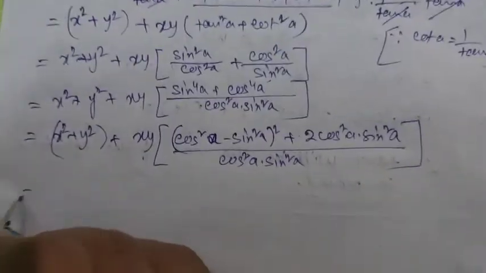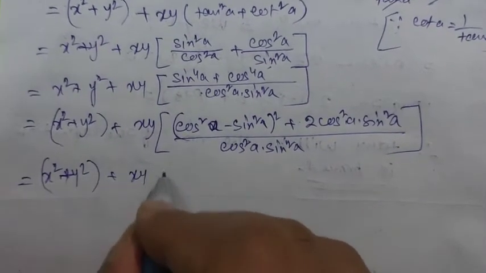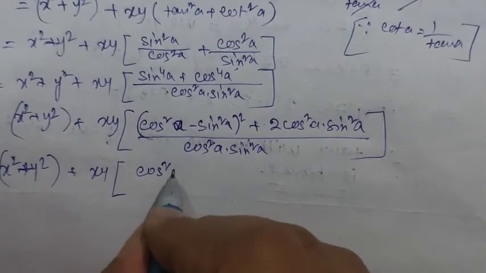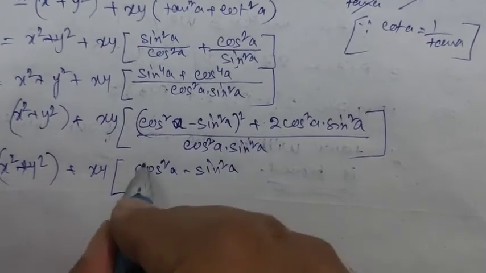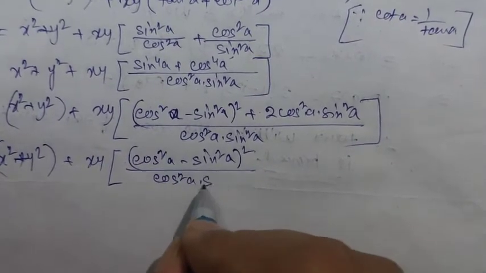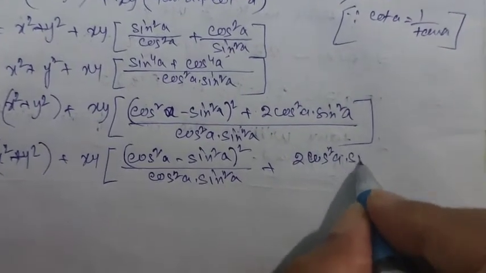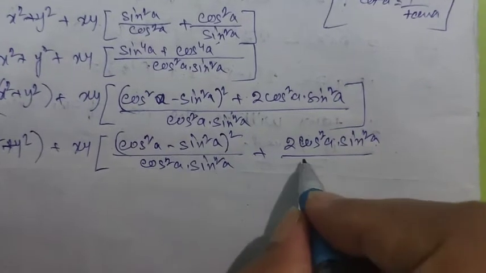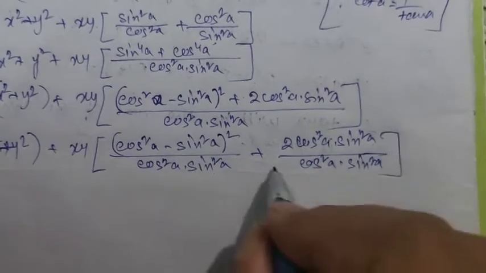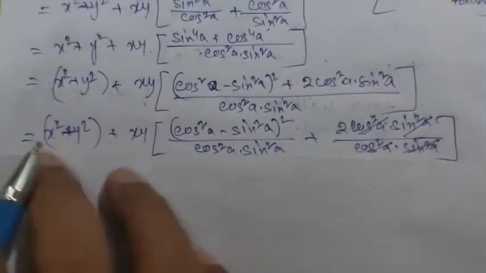Now next step we will follow the separation rule. So (cos² a − sin² a)² by cos² a sin² a plus 2 cos² a sin² a by cos² a sin² a. We have applied here the separation rule, so cos² a sin² a will be cancelled.